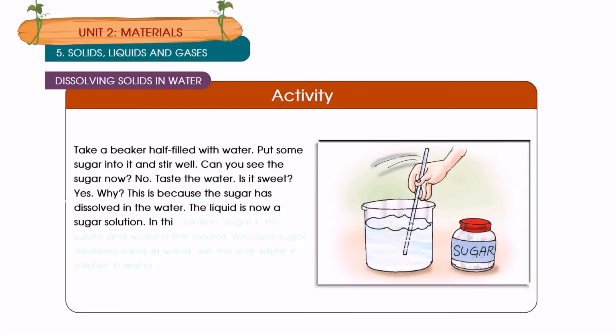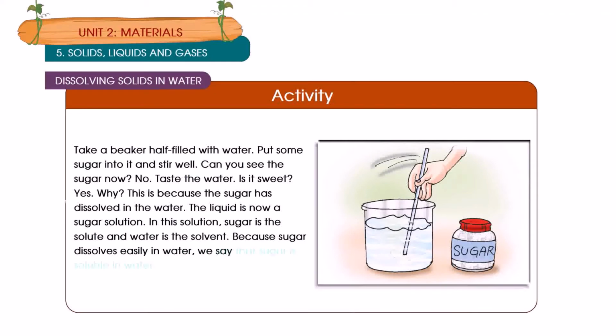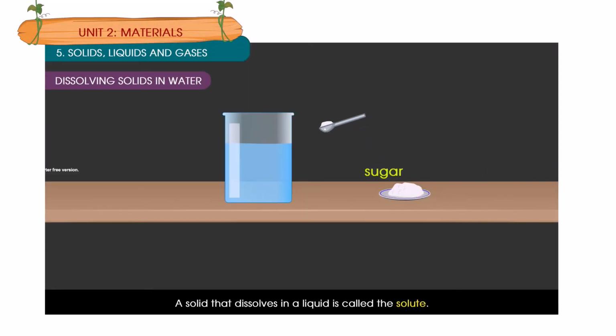In this solution, sugar is the solute and water is the solvent. Because sugar dissolves easily in water, we say that sugar is soluble in water. A solid that dissolves in a liquid is called the solute.